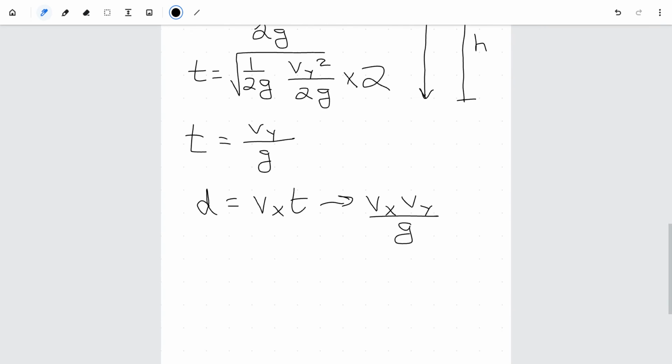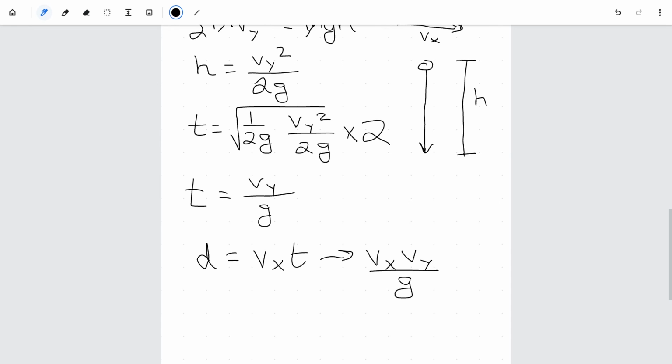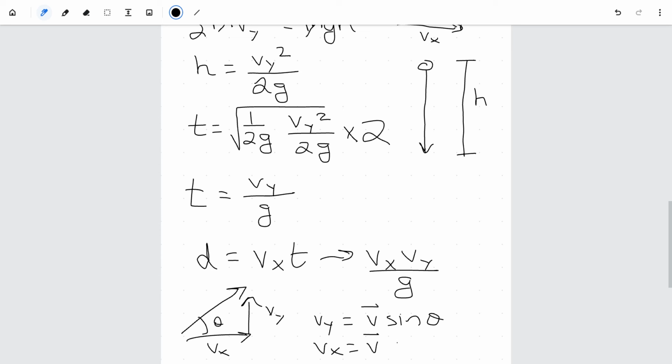Now, in order to get this in terms of the initial velocity, we need to do some trigonometry. So vy, vx, and using some geometry, we get that vy is equal to v sine theta, and vx is equal to v cosine theta.